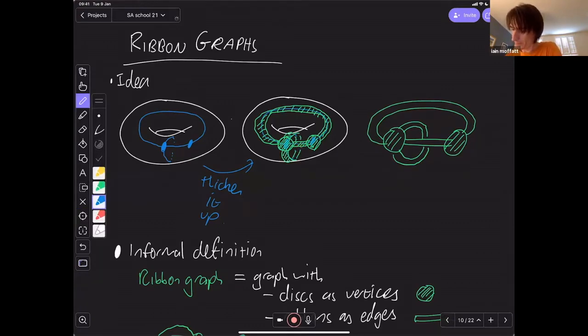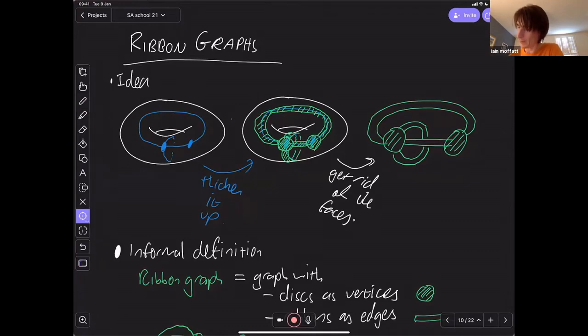And then once I've got this picture, I can get rid of the faces. This graph here had one face, which went round the outside, forming the torus. But I don't really need that to be there.